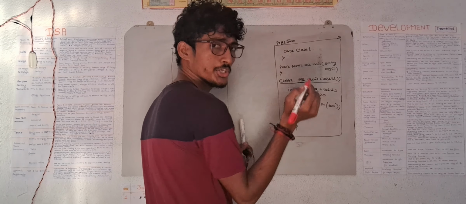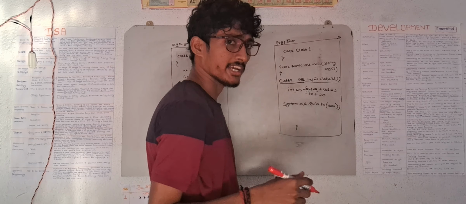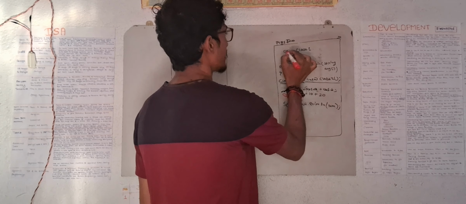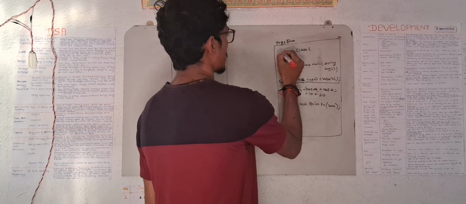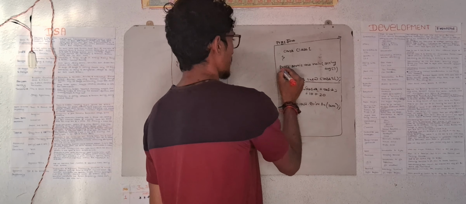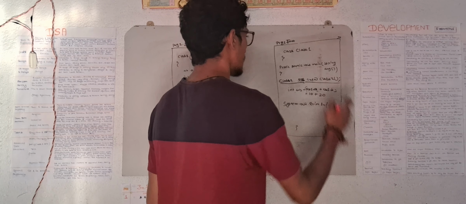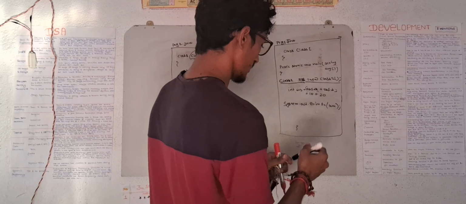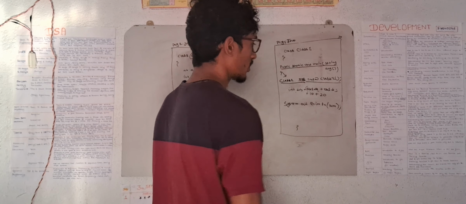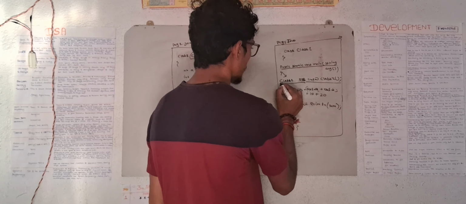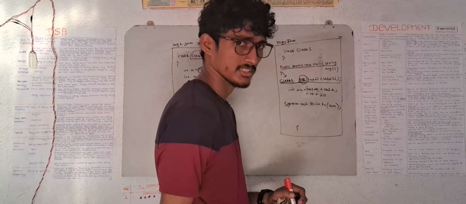When it executes, our code runs line by line. Then it comes to this point, enters this block, reads this and creates an object.